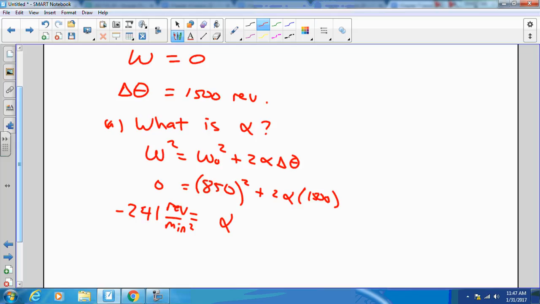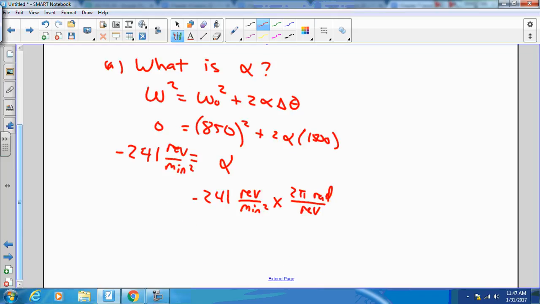So let's try that. That's 2 pi radians for every revolution. Now, on the minute squared, be careful, because there's a minute for every 60 seconds. So there is a minute squared for every 3,600 seconds squared.